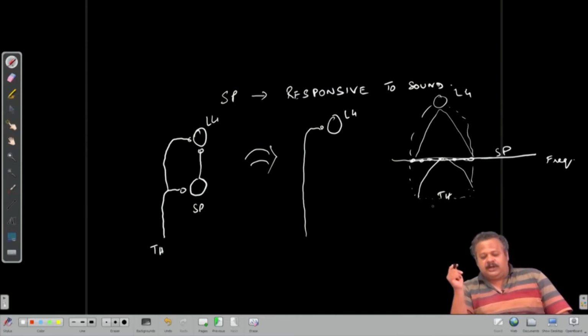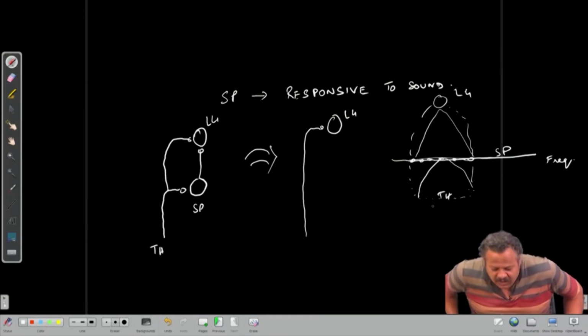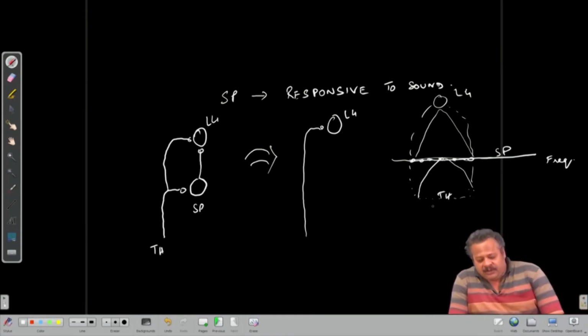There are further complications here with inhibitory neurons playing another role, plus there are feedback from layer 4 to subplate and subplate to thalamus. So, things are not as simple as we represent here, but the principles that we will talk about are going to be similar.